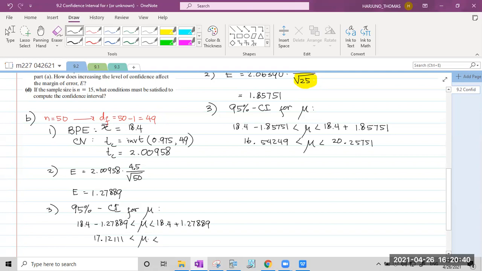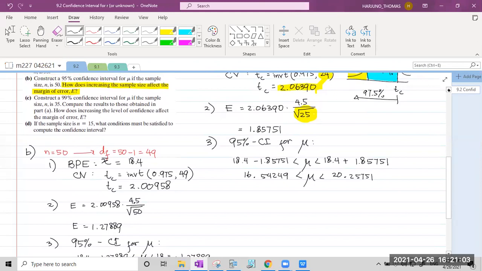And when we have best point estimate plus margin of error, we will get 19 something. And as we expect, because the margin of error gets smaller, the width of the confidence interval will also get smaller.